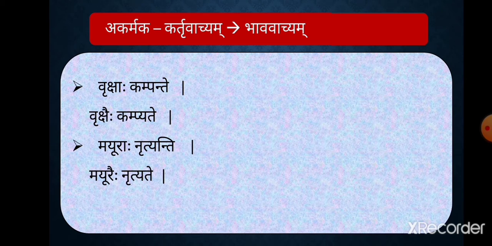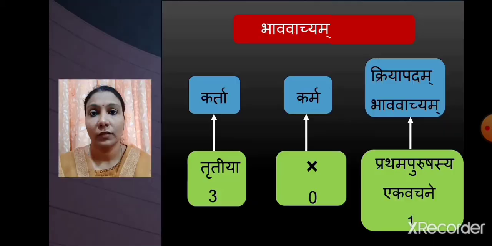These examples make it clear that in Bhavavacham, Kriya is independent. It is not dependent on the Purushaha or Vachanam of the Karta, and it is always used in Pratham Purushaha Ekavachanam. Students, I hope you have understood the concept of Bhavavacham.